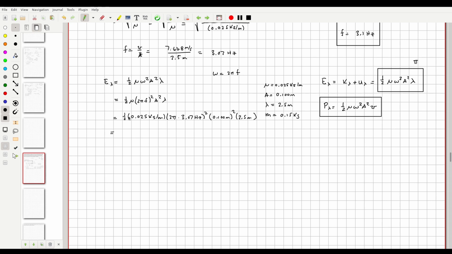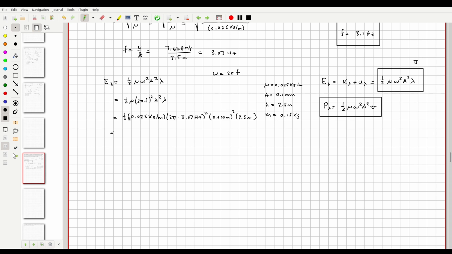Let's see. 0.5 times 0.025 times 2 times pi times 3.07.